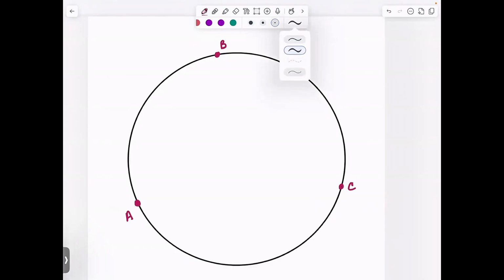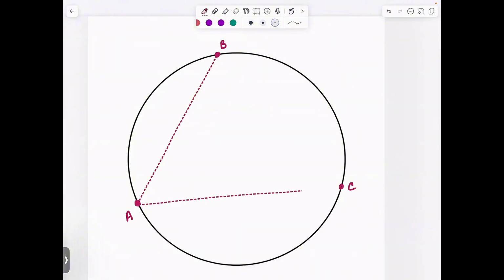I'm going to use dashed lines because it'll be a little bit prettier here. Lovely. So I have an angle A here in this particular situation. And we have arc BC. Now arc BC is simply point B to point C, and that's the arc that angle A intercepts.